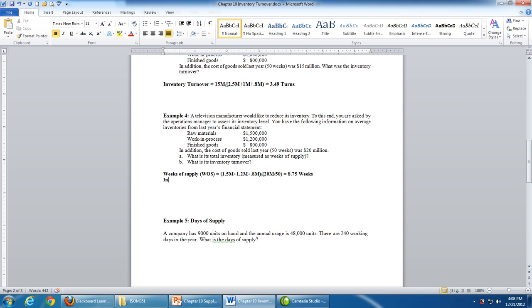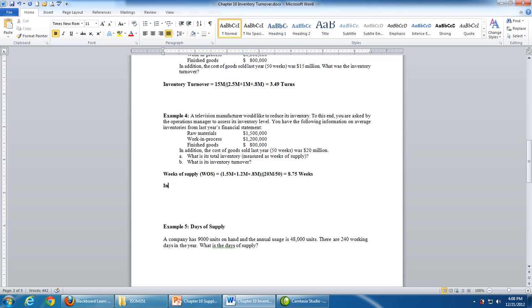Next, inventory turnover. Inventory turnover is equivalent to annual sale divided by average inventory: 1.5 for raw material plus 1.2 for work in process plus 0.8 for finished good.